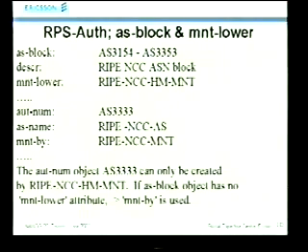But what you're saying is this object can be maintained by one maintainer, but a different maintainer can control the creation of objects underneath. It makes sense. You don't necessarily want everybody in your organization to be able to change this object, but you might want some people in your organization, if you're a regional registry, to be able to create AS numbers underneath this. That's what it's saying there.